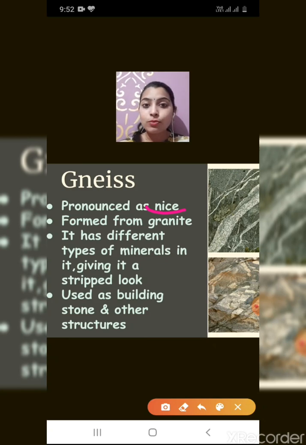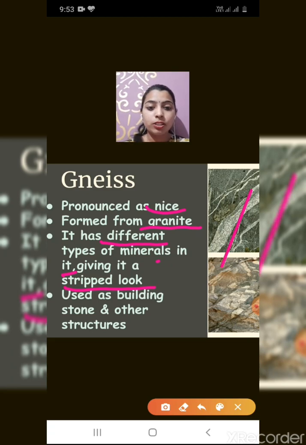It is pronounced as nice. It is formed from granite. It is formed from the granite rock. It has different types of minerals in it, giving it a striped look.